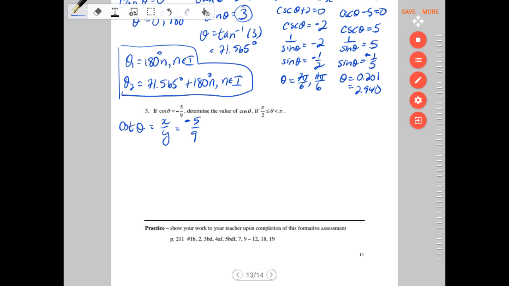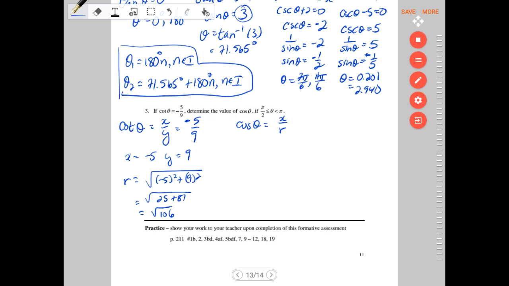So cos theta is equal to x over r. I have x equal to negative 5 and y equal to 9. In order to find r, I'm going to use the Pythagorean theorem. So that's negative 5 squared plus 9 squared, which gives me the square root of 25 plus 81, which is the square root of 106.